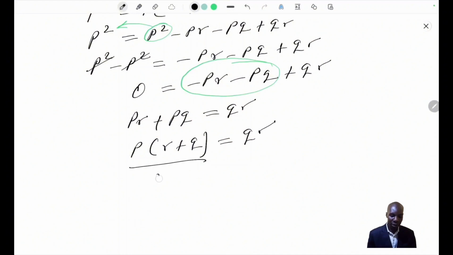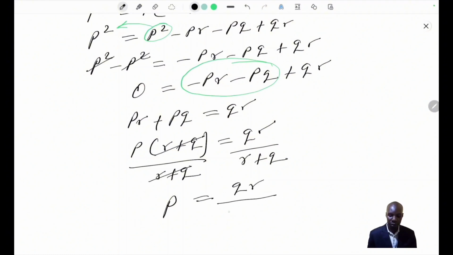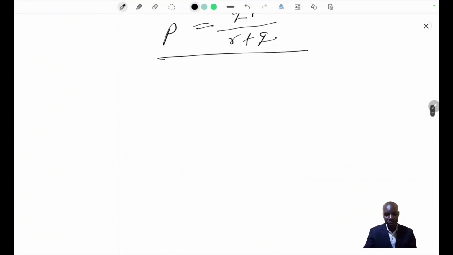So divide both sides by R plus Q. So this one will cancel out. P alone is equal to QR over R plus Q. And that is how that is being done.